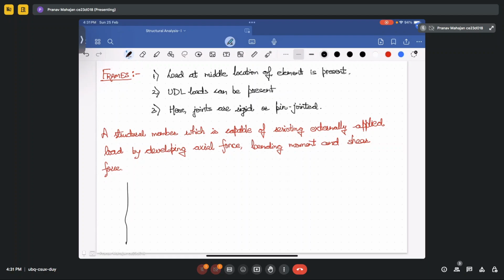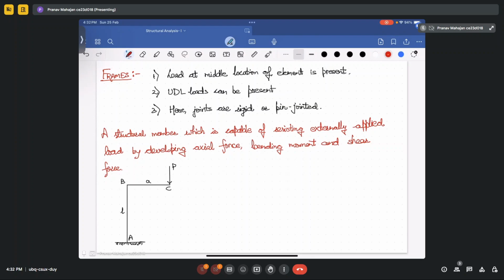Suppose you have a frame which is fixed at the bottom and load is applied at joint C. It has this length as L, this length as A. So break them into two parts.